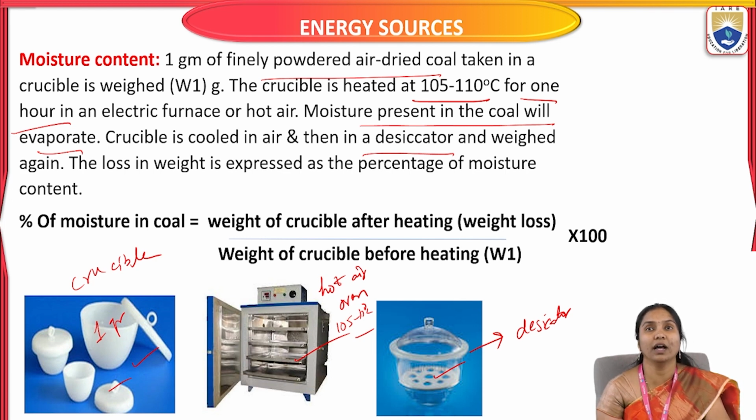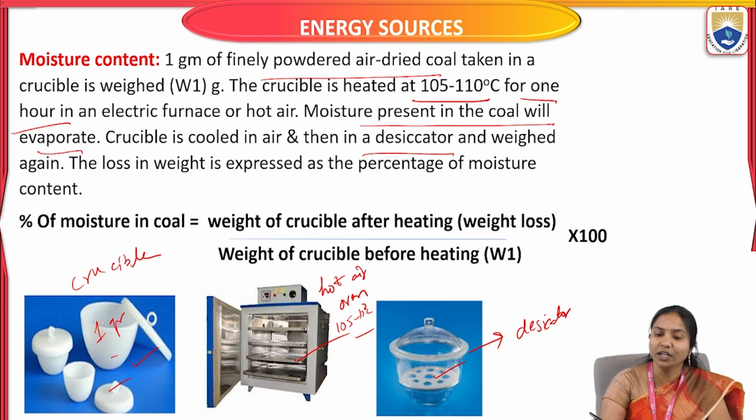First weigh out 1 gram of finely powdered air dried coal sample in a crucible and heat it in a hot air oven or muffle furnace, maintaining the temperature range of 105 to 110 degrees centigrade for 1 hour.